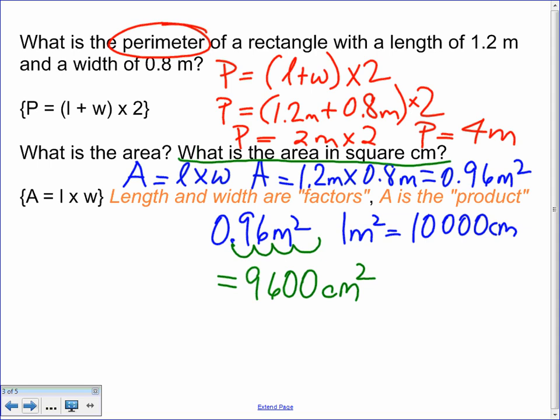We're going to begin to refer to pieces of our problem as factors and products. Length and width are our factors. Area, in this case, is our product.